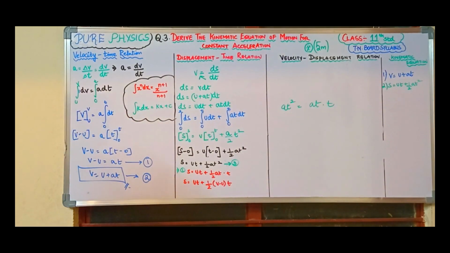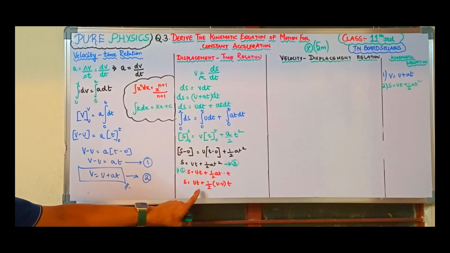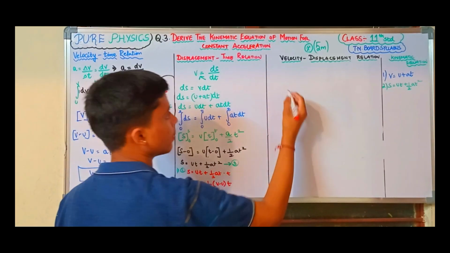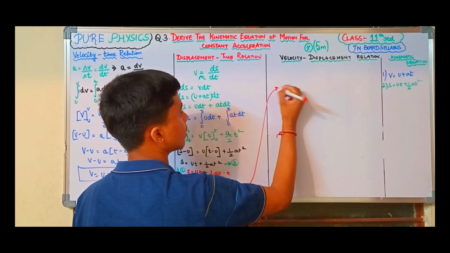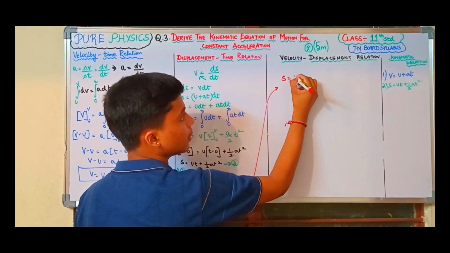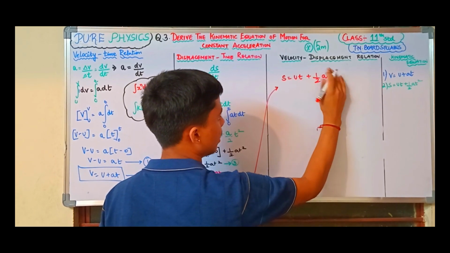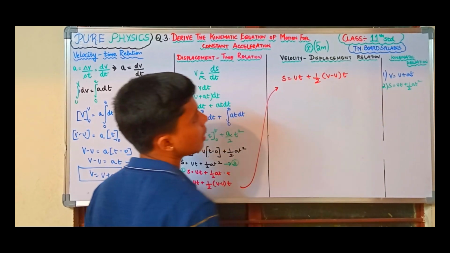Now I'm going to use this rough column, but you need to mention it while solving this equation. Since I don't have space downwards, I'm going to continue here. So s is equal to ut plus half into v minus u into t.